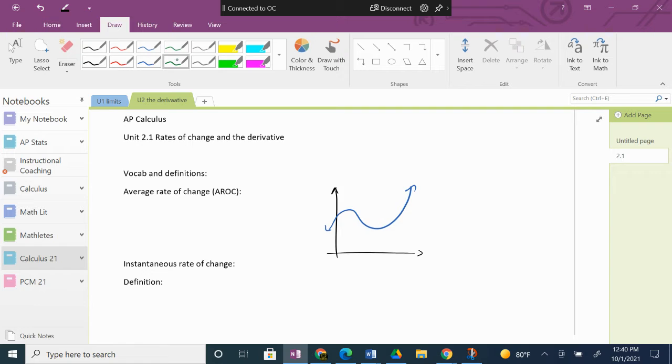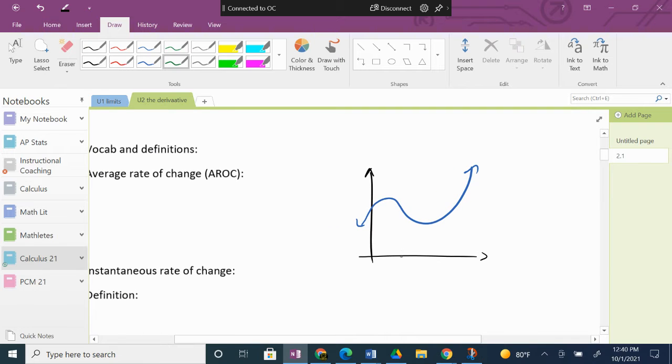When I'm asking for an average rate of change, it is very much like an algebra 1 slope problem. Okay?